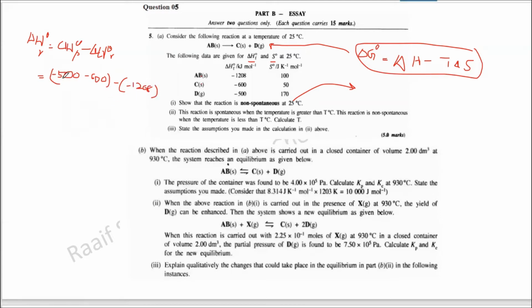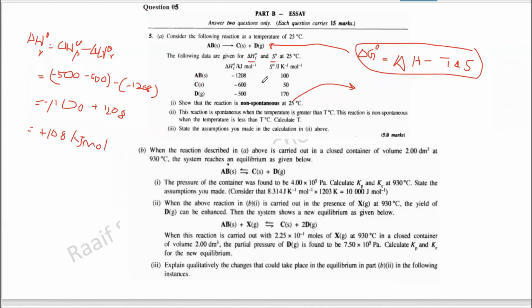So anyway, this becomes minus 1100, and this becomes plus 1208, and finally I will have the energy change, that is plus 108 kilojoule per mole. Okay, so this is how you find enthalpy.